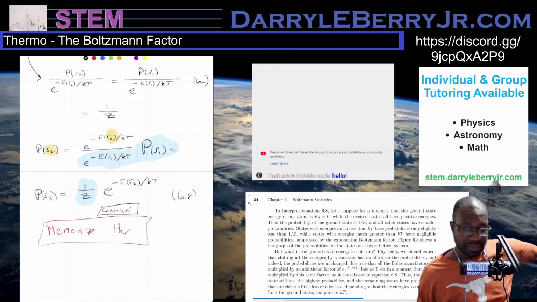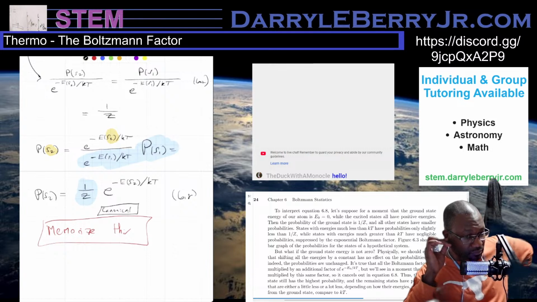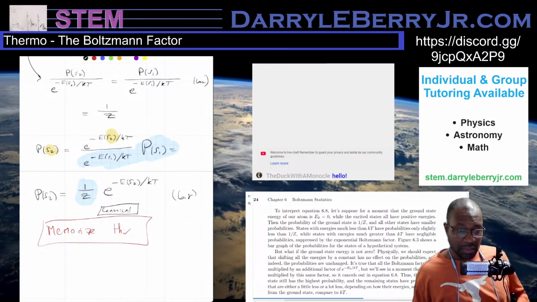States with energies much less than KT have probabilities only slightly less than 1 over Z, while states with energies much greater than KT have negligible probabilities.